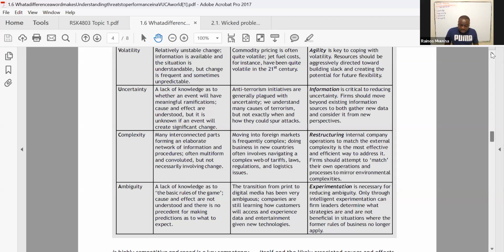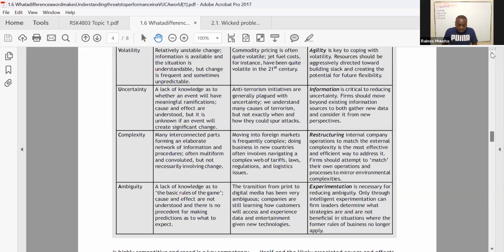So experimentation is necessary for reducing ambiguity. Only through intelligent experimentation can firm leaders determine what strategies are and are not beneficial in situations where the former rules of business no longer apply.